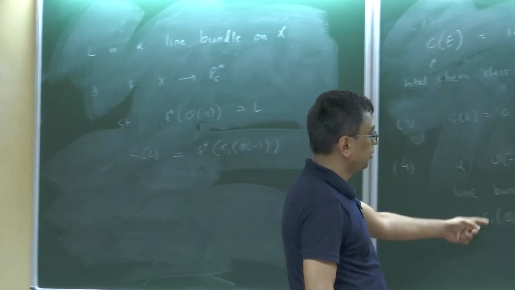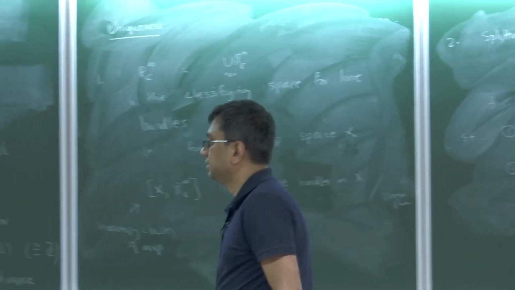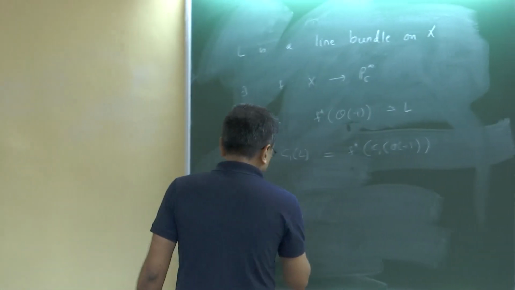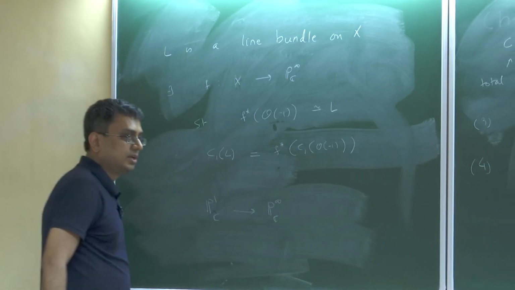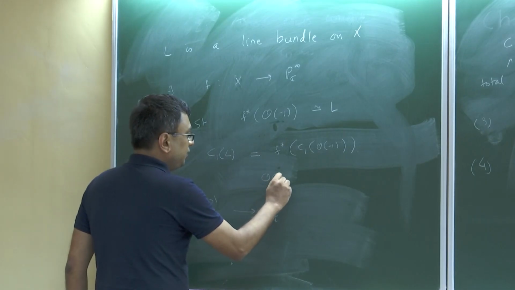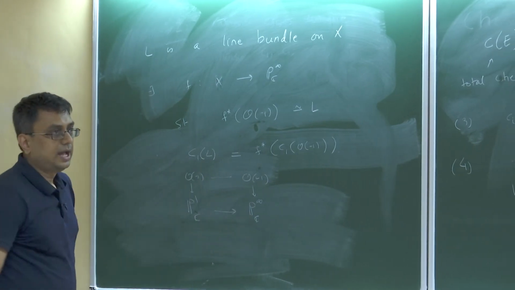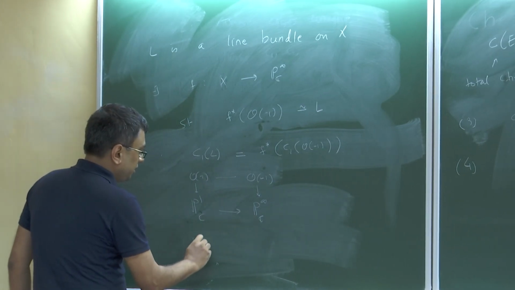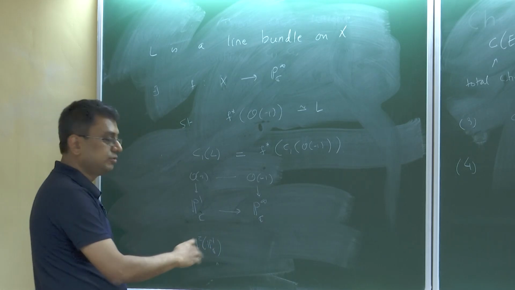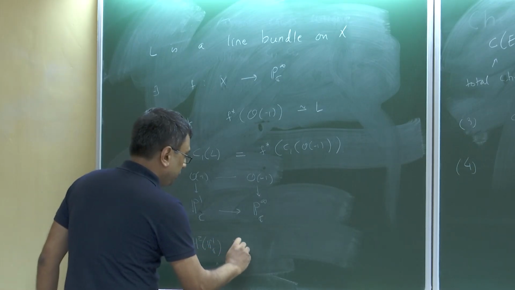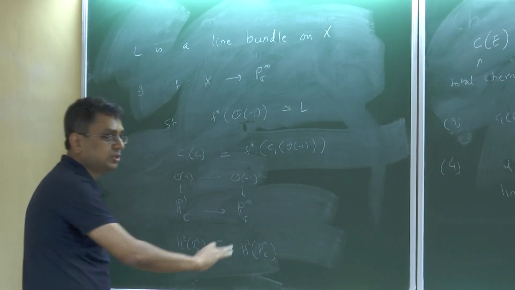We know that C1 of O minus 1 on P1 is already chosen. But you see, if I look at the inclusion map from P1 C to P infinity C, then O minus 1 on P infinity C pulls back to O minus 1 on P1, right? And the cohomology group H2 of P1 C, where coefficients will always be Z, so let me suppress them, is isomorphic to H2 of P infinity C. The second cohomology group is isomorphic.